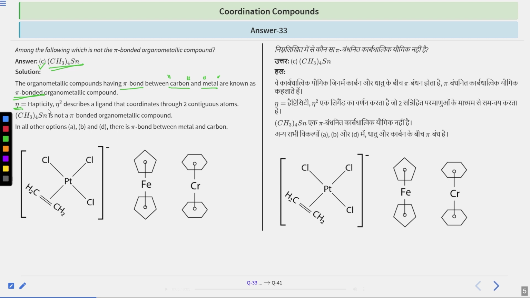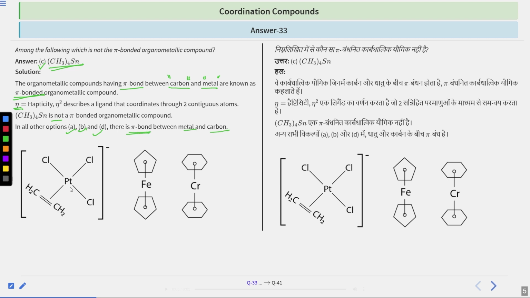Eta represents hapticity. For example, eta2 describes a ligand that coordinates through two contiguous atoms. (CH3)4Sn is not a pi-bonded organometallic compound, and in all the other options A, B and D, there is a pi bond between the metal and the carbon.